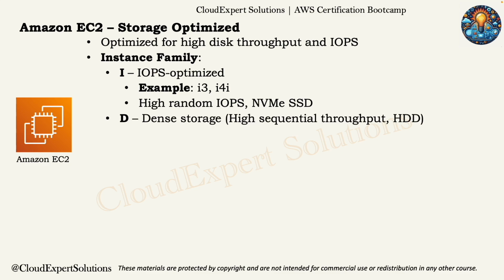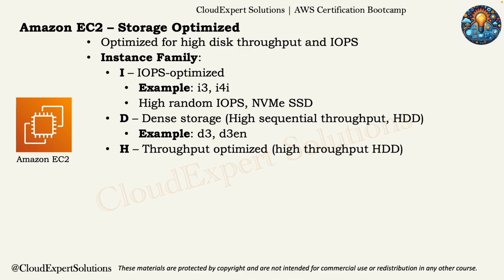The other instance type is D, or dense storage category, which is ideal for high sequential throughput or HDD. Examples could be D3 or D3EN. The other example is H, which is throughput optimized. Throughput optimized instances come with high throughput HDD or hard drive. Example is H1.